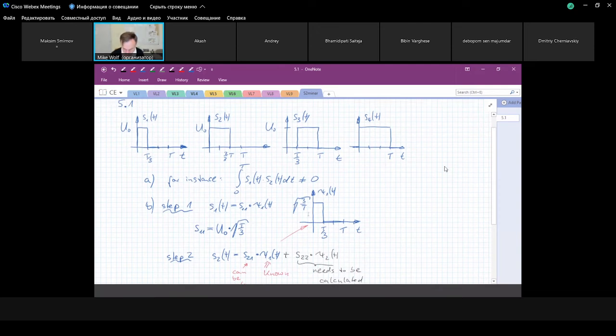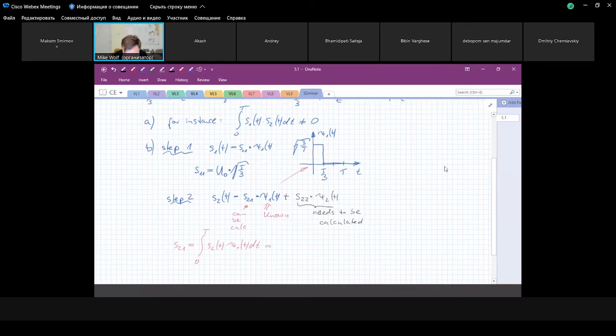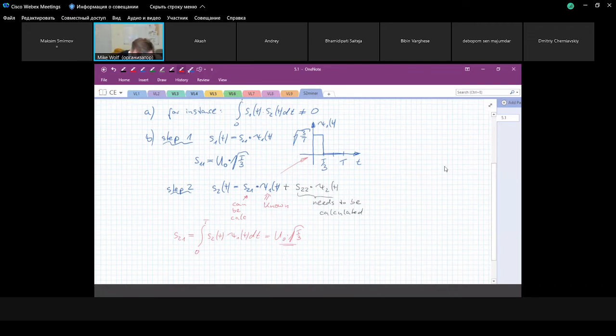So this is our basis function. I multiply this with this. I get U naught times square root of 3 by T. And then we integrate over this time. And of course, we get this U naught times T by 3, exactly the same as this S11. So now we have this.